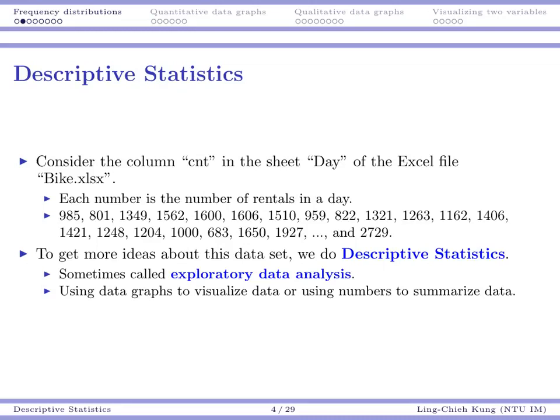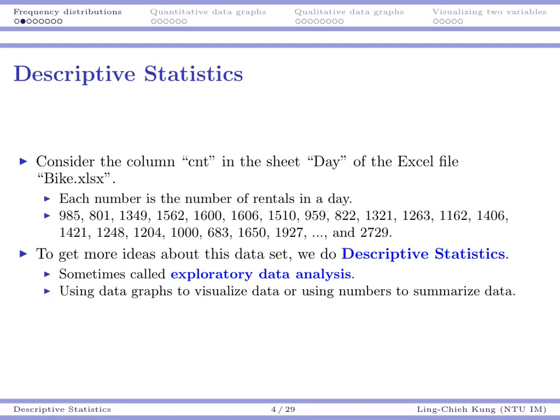So let's use the example of our bike rental data set to help you understand the ideas in this lecture. Remember that you can find the data set on SEBA, okay? And let's think about the final outcome column CNT in the datasheet day. We know that those numbers represent the numbers of daily rentals in each day.